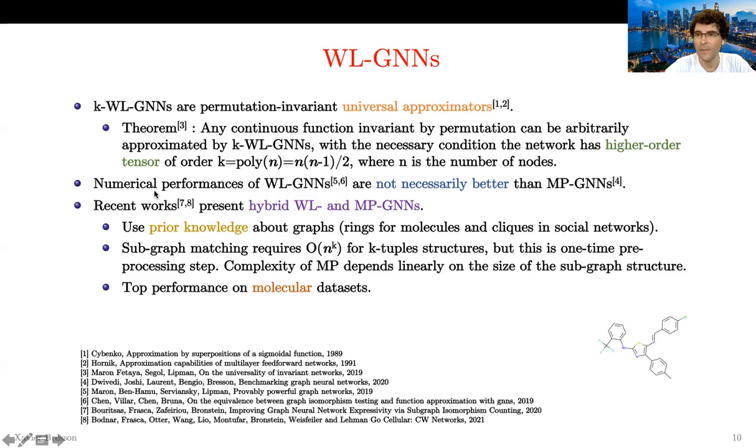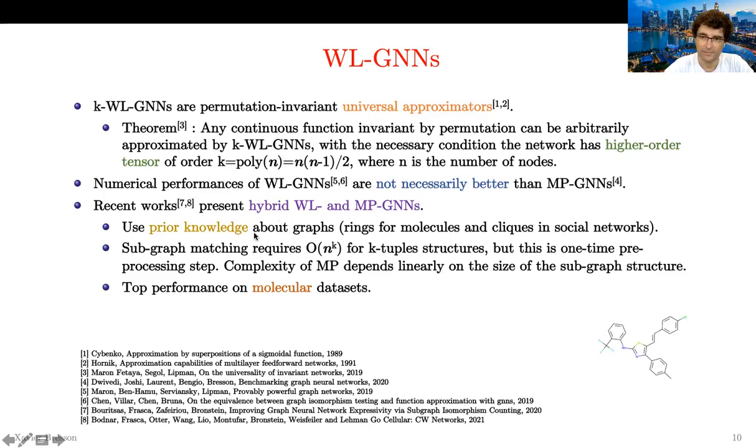And what we showed last year in a benchmarking paper is that the numerical performances of these WL GNNs are actually not necessarily better than the traditional message passing GNNs. There have been some recent works by Michael Bronstein and his collaborators which present hybrid WL and message passing GNNs.